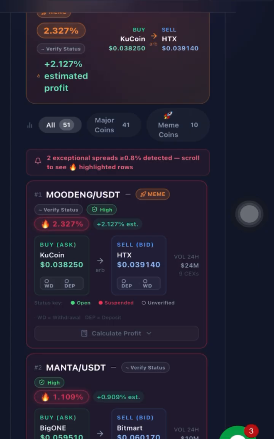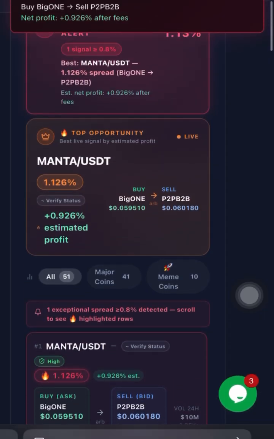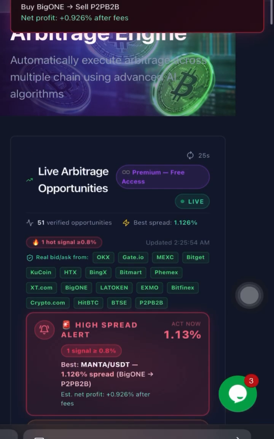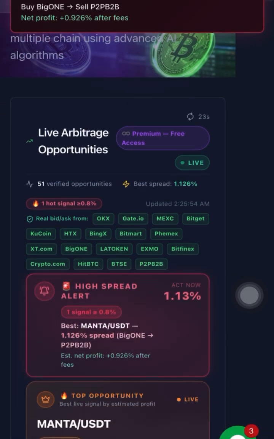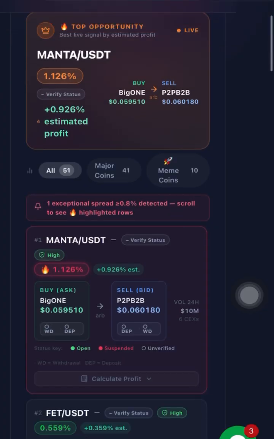You can see that the fire is 2.35%, 2.37%. That's the spread. But the actual spread, when you deduct the fee, is 2.12. Forgive me, because the signal keeps on changing every 30 seconds. But I want to show you something.